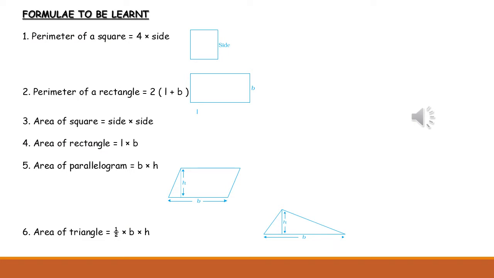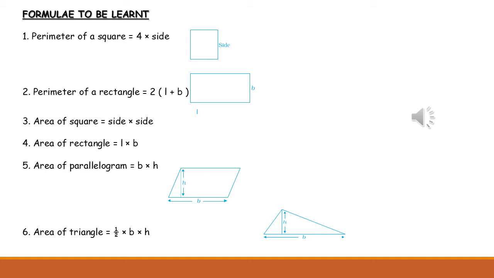In this chapter, we have to learn a few formulas. Let us first discuss them. The first one is perimeter of a square. Now we have learned that a square is a two-dimensional enclosed figure where all the four sides are equal.